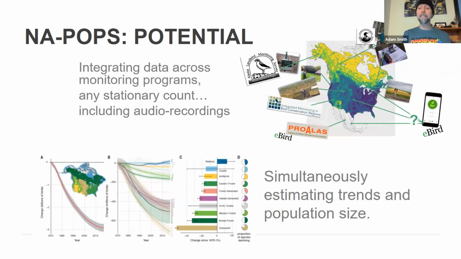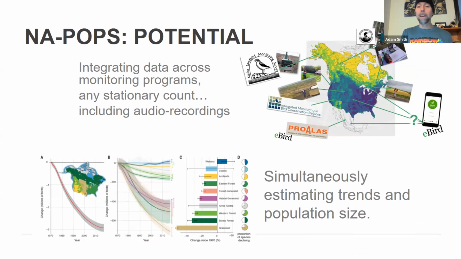It allows us to integrate across all of these different programs, so more data, more locations on the ground across the continent. It also allows us to include things like audio recording, so automated recording units that are huge in terms of sampling some of the northern gaps in the continent.